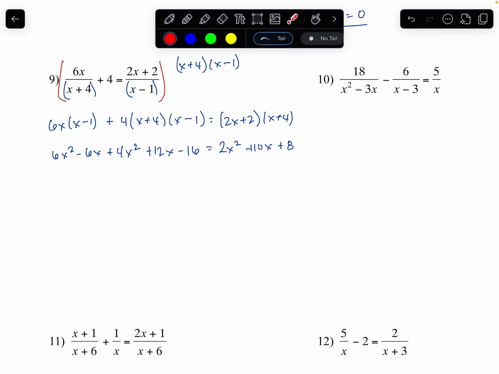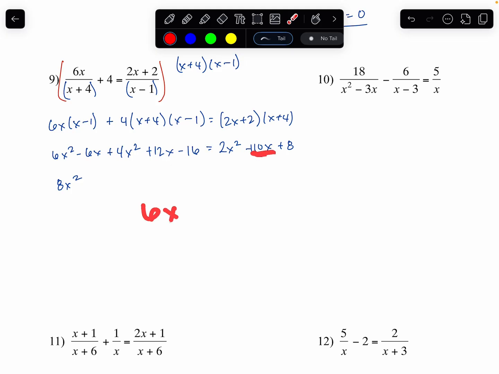Alright, so now solving the quadratic, I have 6x squared and 4x squared and 2x squared. So if I have 10x squared over here, subtract 2x squared, I'll get 8x squared over here. I have negative 6x and negative 6x and positive 12x for a total of 6x.